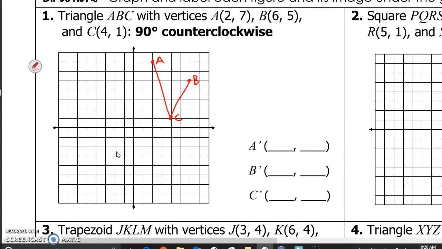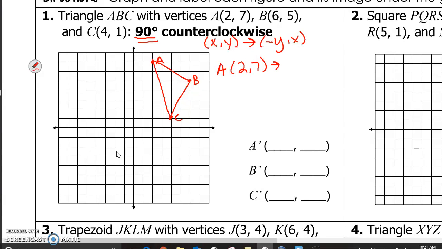So now, the rule for the transformation, the rotation, is we're going to move it 90 degrees counterclockwise. And the rule for that is if we have x, y, the point now becomes negative y, x. So our original A is 2, 7.